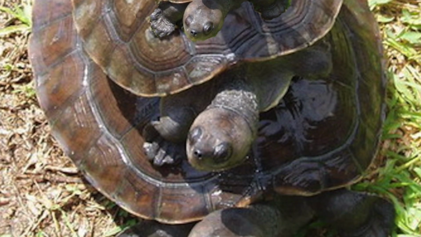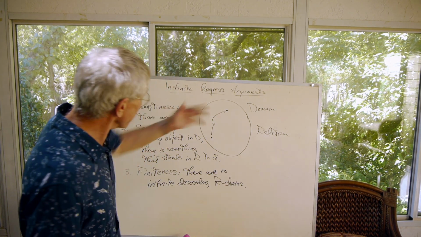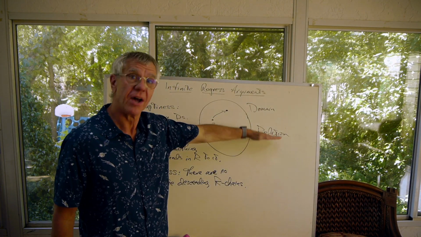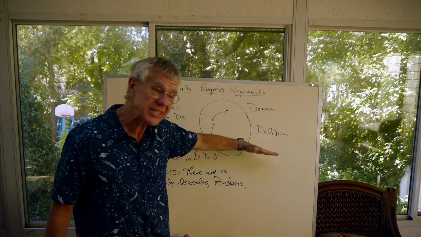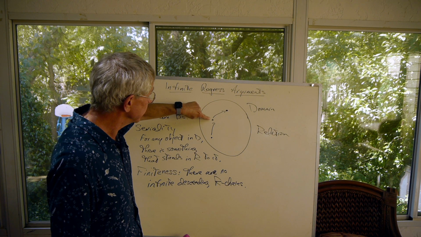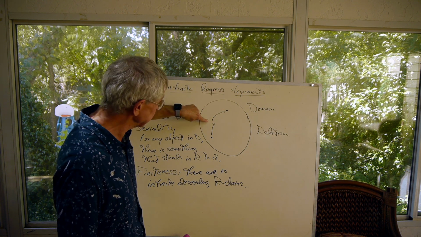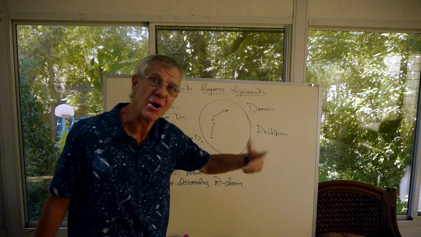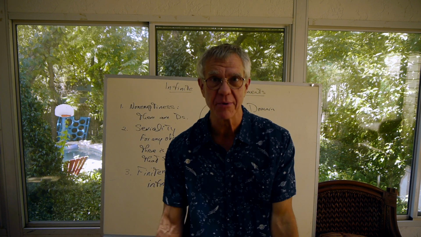Now, there's something ridiculous about that, right? Here we've got a domain of objects, and then we've got a relation of being supported by or resting on, and the idea is the elephant is on the turtle. Well, the world is on the elephant is on the turtle, and then it's turtles all the way down. It goes on infinitely, just this infinite column of turtles.